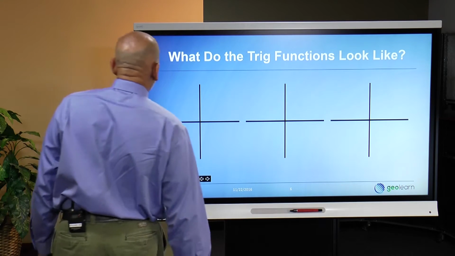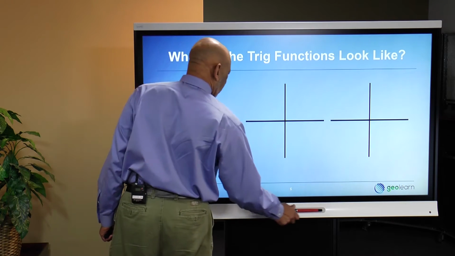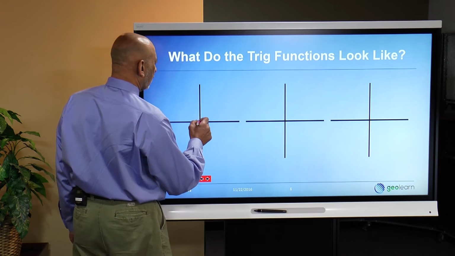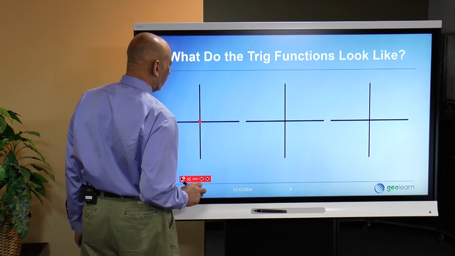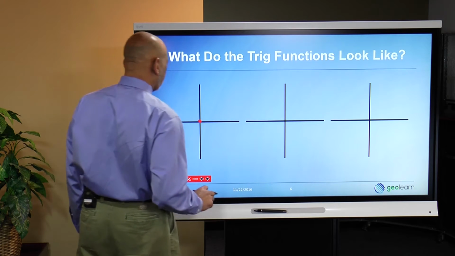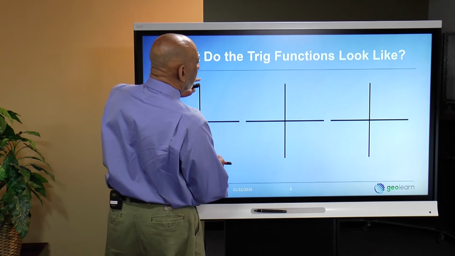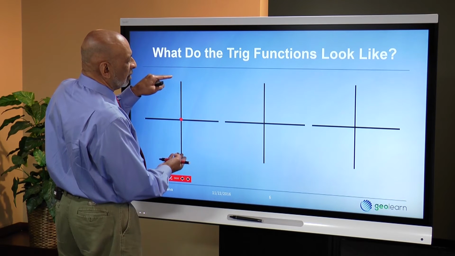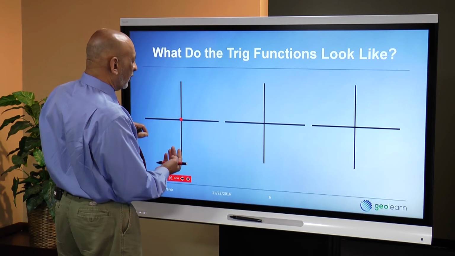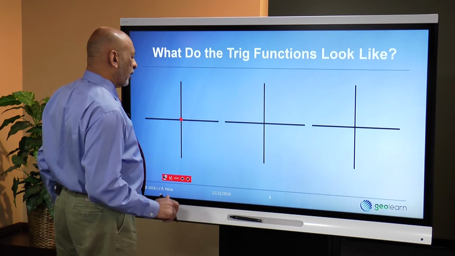So let me use a different color. What are we plotting here? I'm plotting on the vertical the size of the function, whatever that value is, and on the horizontal I'm plotting the angle.